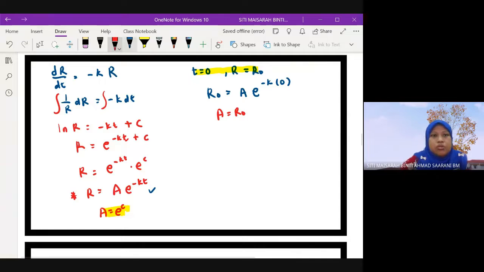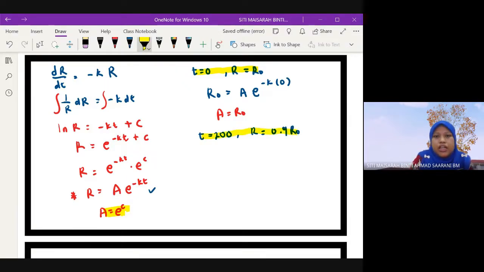So then yang kedua kita nak cari k pula dengan ganti t sama dengan 200, r adalah 0.9 r0.